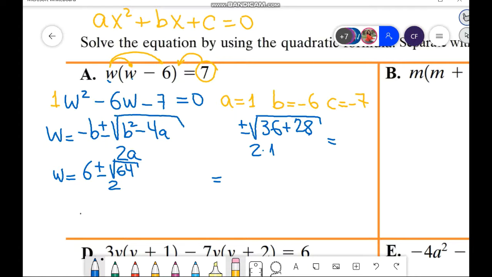No problem. The answers here for letter A are going to be W equals -1 and 7 when you complete. Okay?